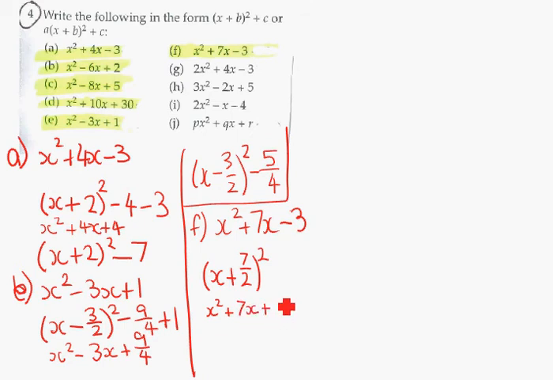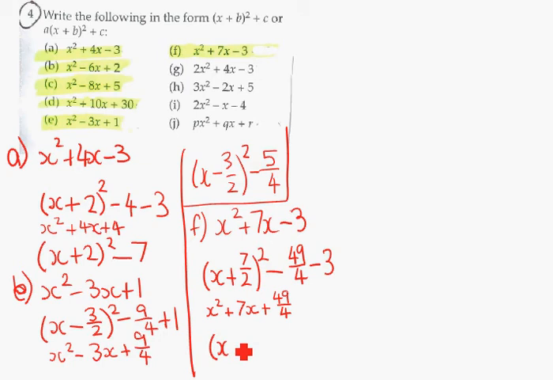And from the expansion I get an extra 49/4, 7² over 2² when I expand that. Now I don't want the 49/4 from that expansion. What I do want on the end of the x² + 7x is a minus 3 term.